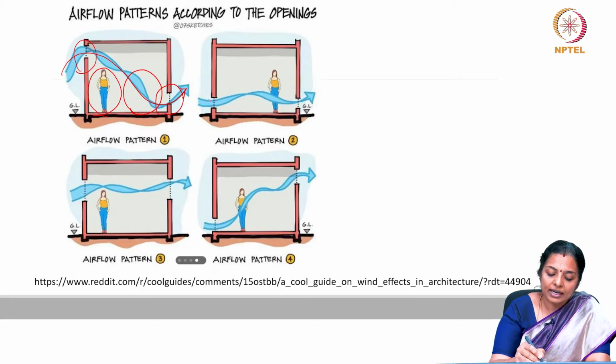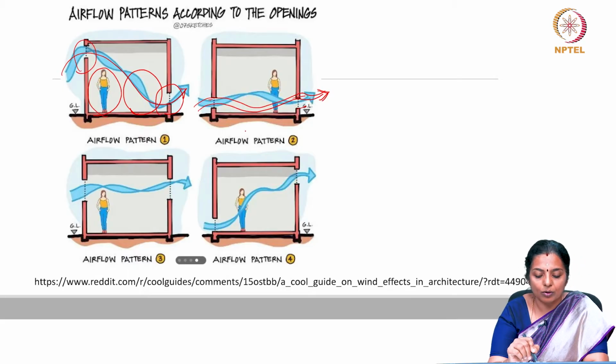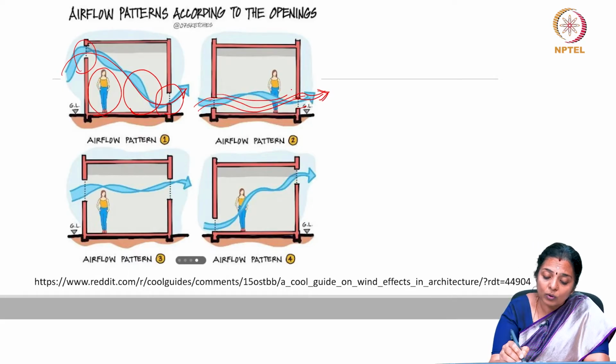When we have inlets at a lower level, there will be good indoor environmental quality because the stale air is always taken out. However, at working level, there would be complete stagnation and no air movement.